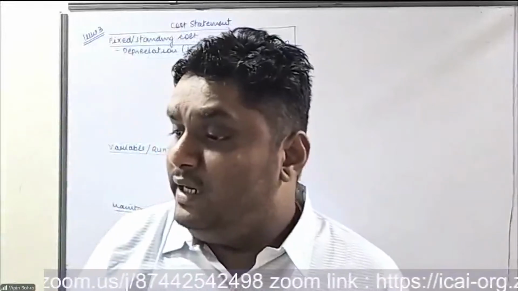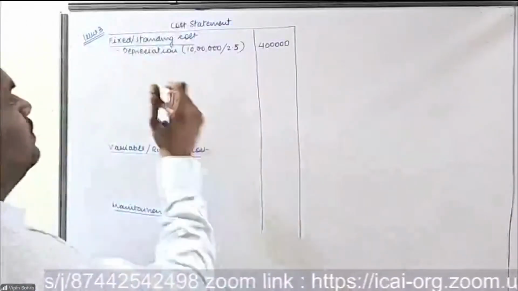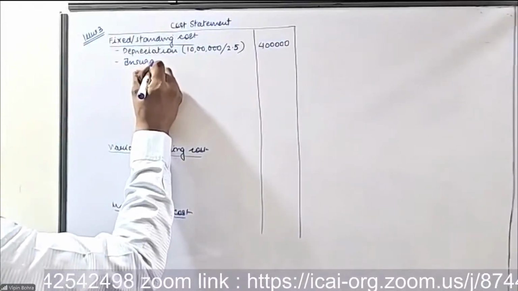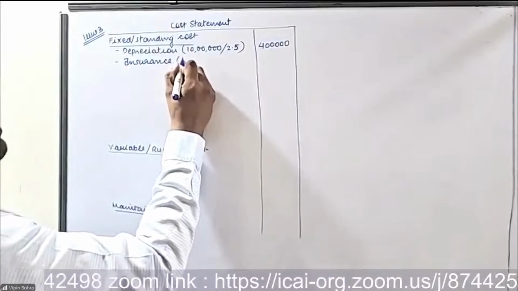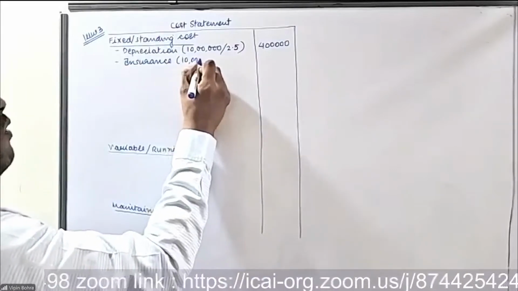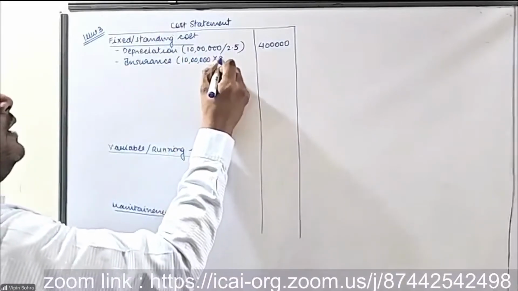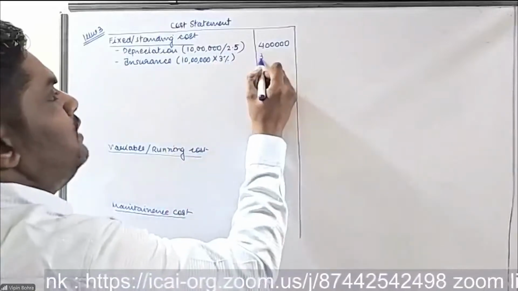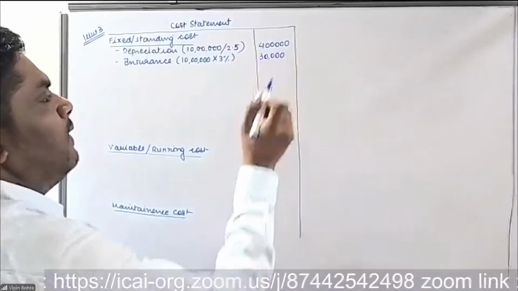Further, it has been given that it has been insured at the rate of 3% per annum, so 10 lakh into 3%. So this will be 30,000.